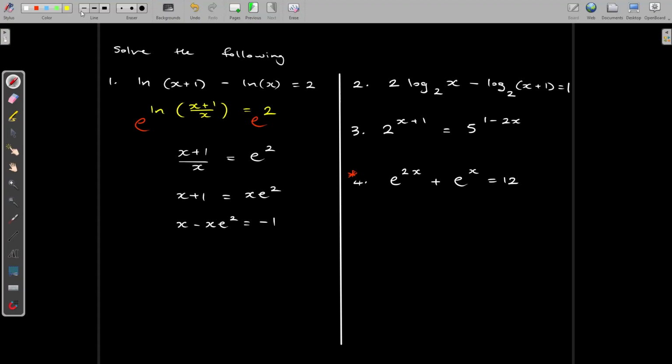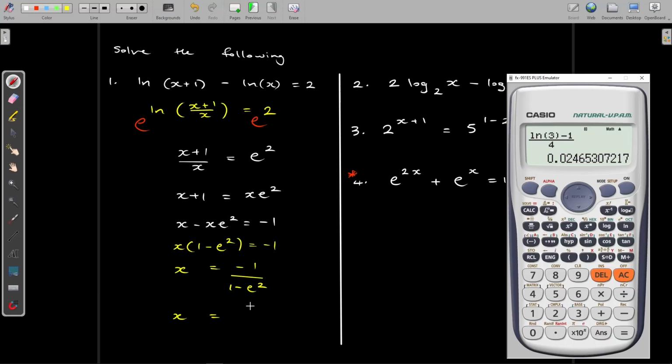So we can factor out the x. Let's see what this gives us.